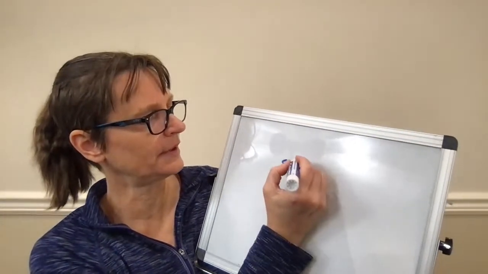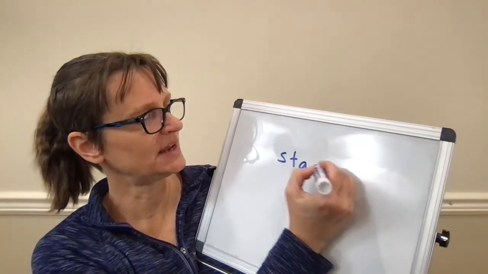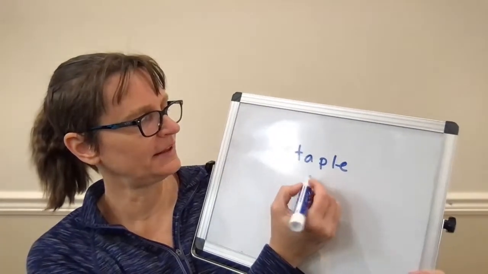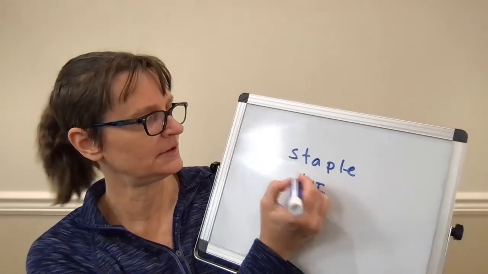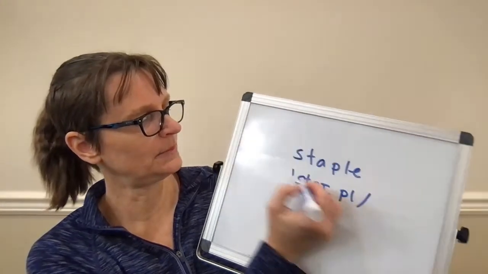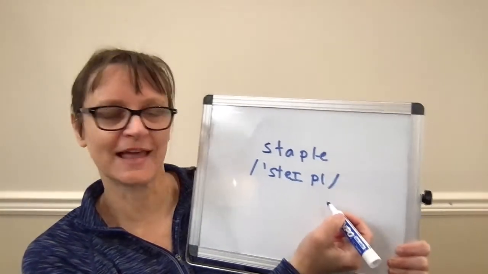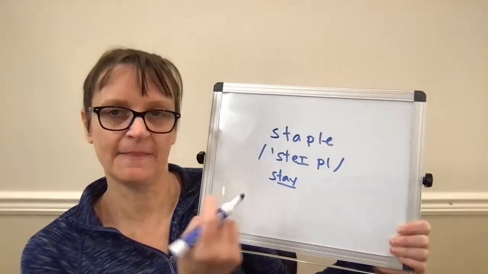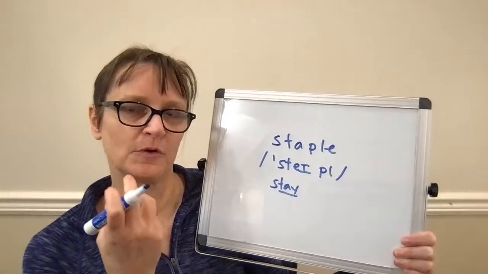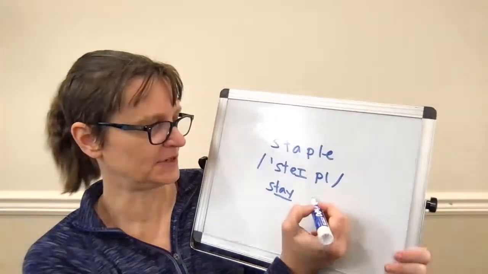Okay, we have a request for the word staple. So in the word staple, we have an A diphthong, stressed first syllable, staple, and then we have a syllabic L. So it's going to sound like the word stay, and then a little bit like the word pull, except that I'm not going to do much vowel there.